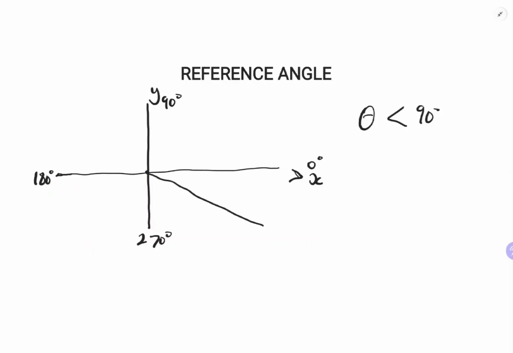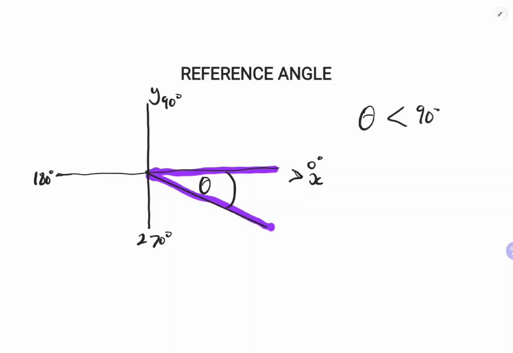Even if it were here, reference angle. So it doesn't matter in which quadrant it is, as long as it's between the x line and the radius. Keep on remembering that. That is the concept of what we would classify as a reference angle.